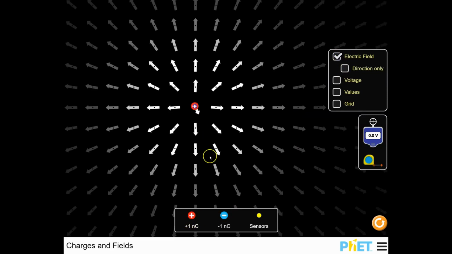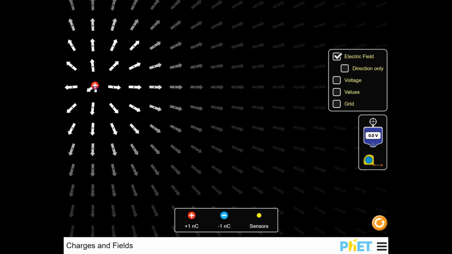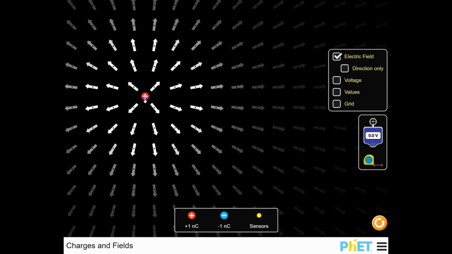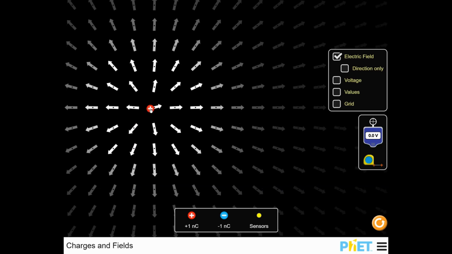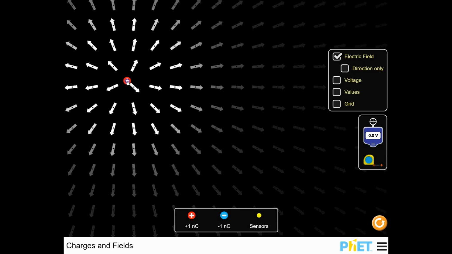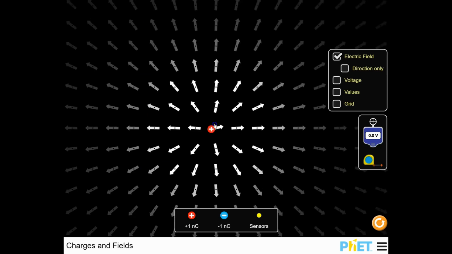So if I were to put a billionth of a Coulomb of charge into this electric field, as the charge moves, you can see how the electric field responds. Now remember, the field is the force around that positive proton right here, the energy field around the proton, and these arrows are just representing those field lines.